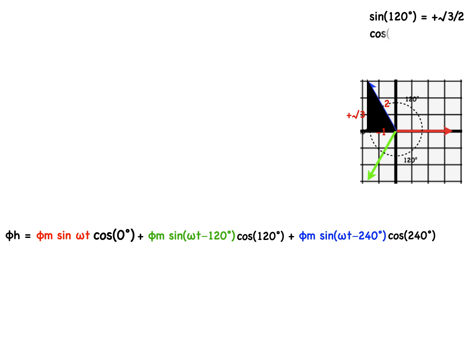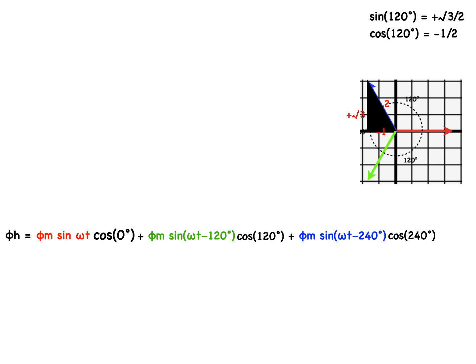Finding the sine and cosine of 120 degrees can be accomplished by considering the ratios of the sides of a 30, 60, 90 triangle. Sine 120 degrees equals plus root 3 all over 2, and cos 120 degrees is minus 1/2.